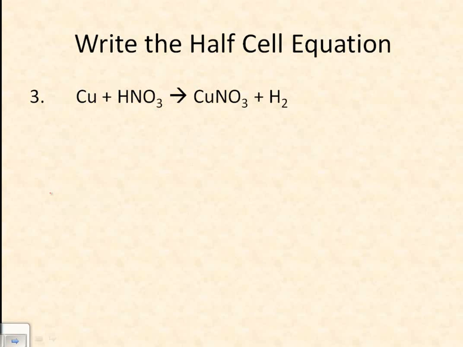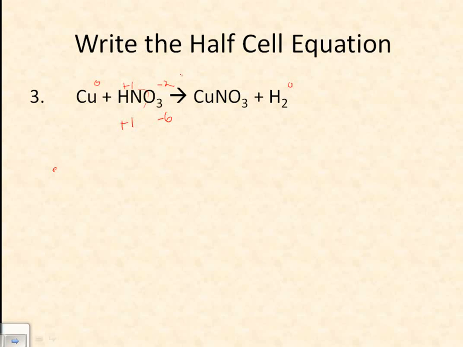Alright, so here copper starts as 0. Hydrogen is 0. Elements are easy to identify because they're always 0. Here we've got nitrate. The oxygen is a -2. Hydrogen's a +1. My total negative charge here is -2 times 3, or -6. I have a +1.